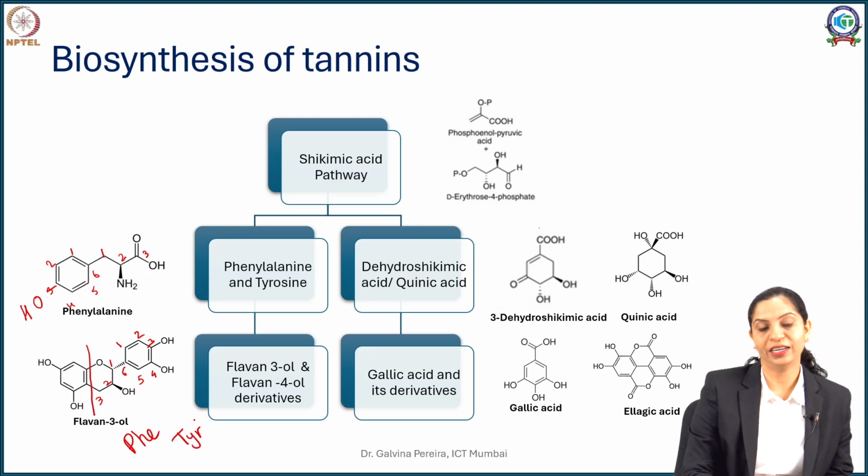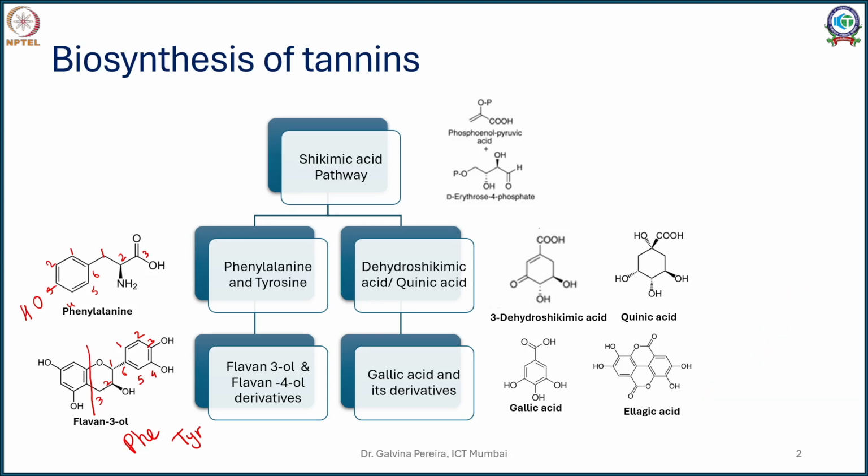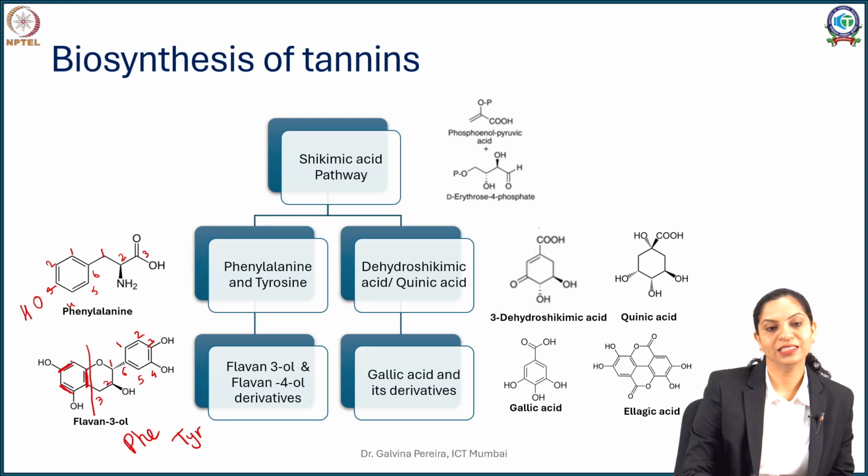Whereas this part, that is the other 6-carbon moiety, has its biosynthesis from acetyl-CoA as a biosynthetic intermediate. So you can imagine 3 molecules of acetyl-CoA, each acetyl-CoA has 2 carbons. So 3 acetyl-CoA cyclize and then join this phenyl propanoid to give you a flavan 3-ol nucleus.